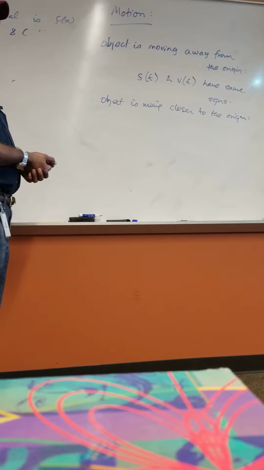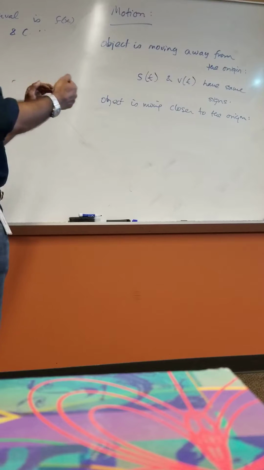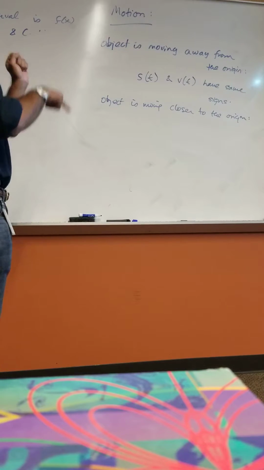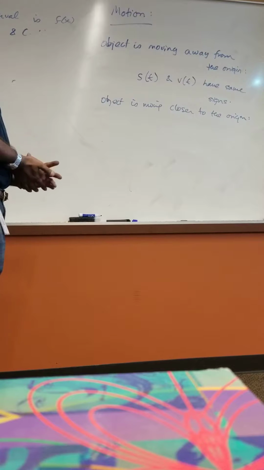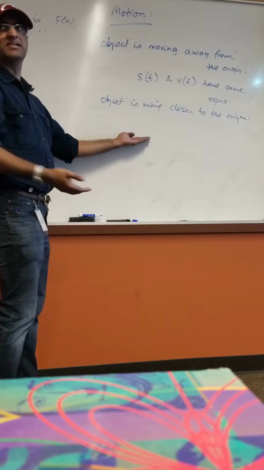Position is left, so position is negative, and you're getting closer, so velocity is rightward, positive. What's the second scenario? The position is right and the velocity is leftward. Thank you. So what's our shortcut then?